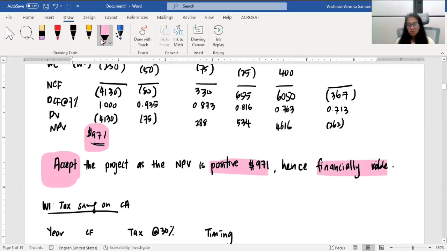Now, I just want to remind you, if at all you choose to write in a different manner, what is important is you state whether you accept or you reject the project.